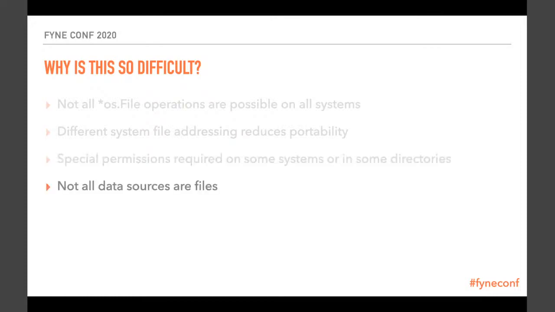And also, especially on mobile and embedded platforms, not all data sources are going to be files. Now, of course, there's plenty of data that we understand, data streams, byte streams, remote resources that we're used to managing without file pointers. But on a native mobile file picker, perhaps, you could be returned what the user thinks is a file, but actually it's not.